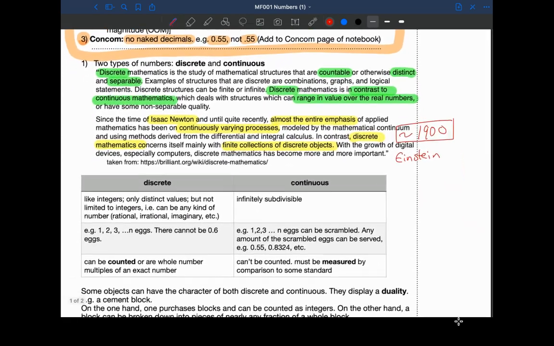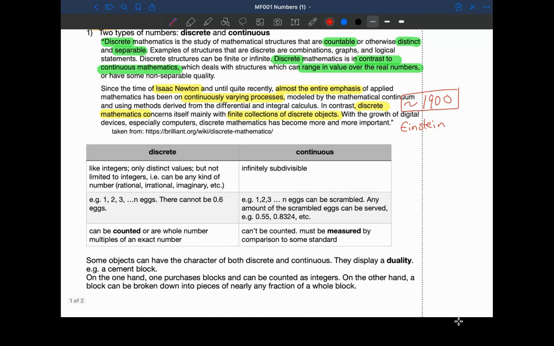So let me illustrate by example what we mean by continuous versus discrete. Discrete things are like integers. There are only distinct values, but they're not really limited to integers. They can be any kind of number, rational or irrational or imaginary, etc., that has a definite value, a definite size.